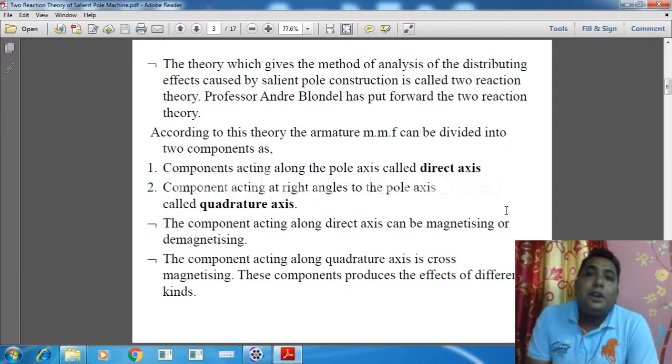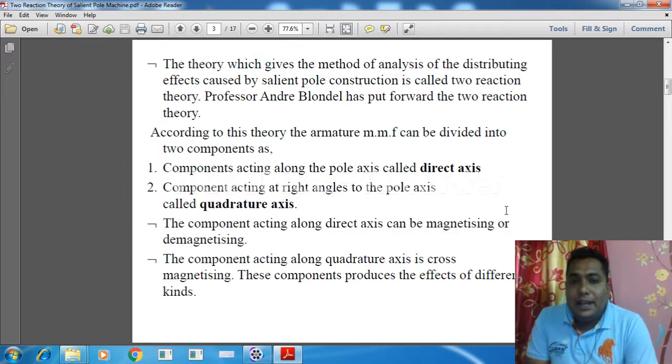The component along the pole axis is called the direct axis, and the component acting at right angles to the pole axis is known as the quadrature axis. Again, the component acting along the pole axis is known as the direct axis, and the component acting at right angles to the pole axis is called the quadrature axis.